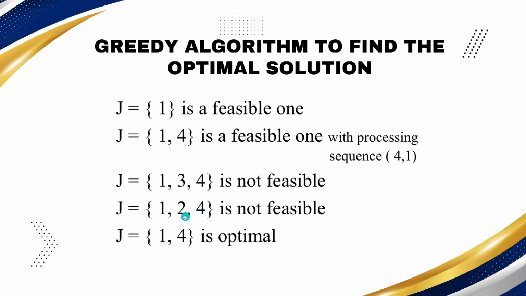And if we have to take the second job, that is not feasible because both the jobs have the same deadline and we have only one machine. So, running 2 and 4 at the same time is not at all possible. So, we end up saying that for these 4 jobs, our schedule will have only 2 jobs which are 1 and 4, and that is going to be the optimal solution for this particular problem.